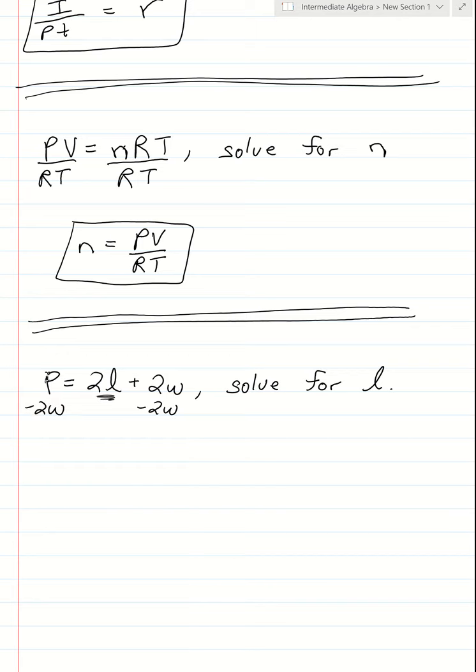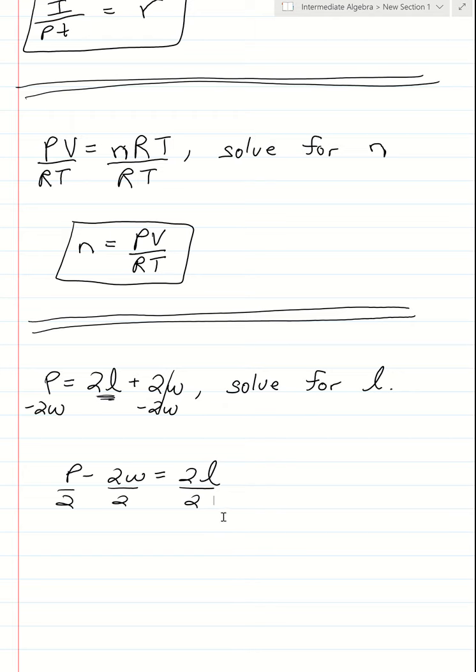Now here on the left side, I would have P minus 2W equals, on the right side, simply 2L. But we don't want 2L, we want just 1L. So to eliminate the coefficient 2, I'm going to divide both sides by 2. And then I'm going to simplify.